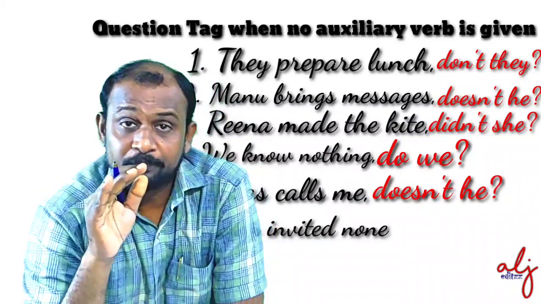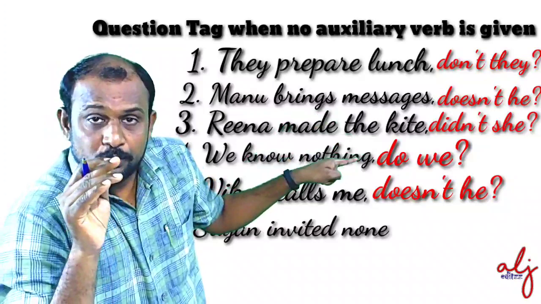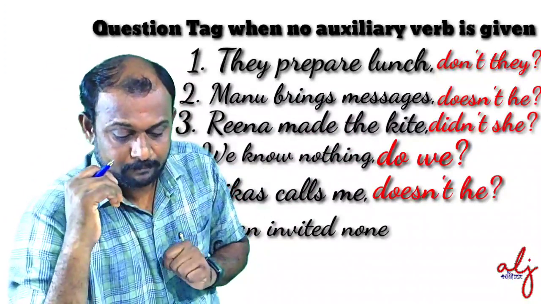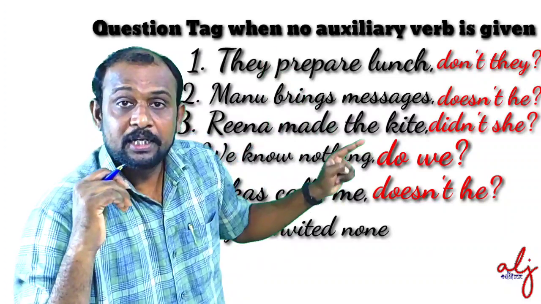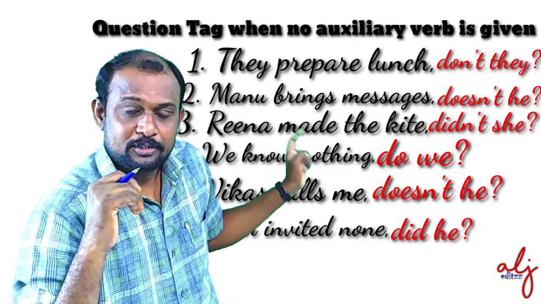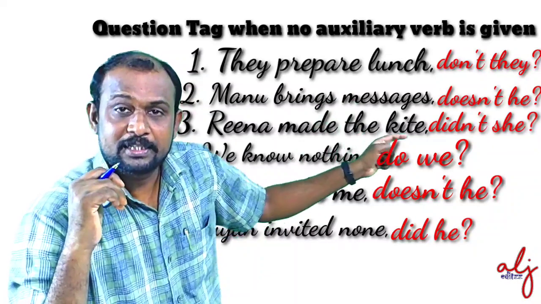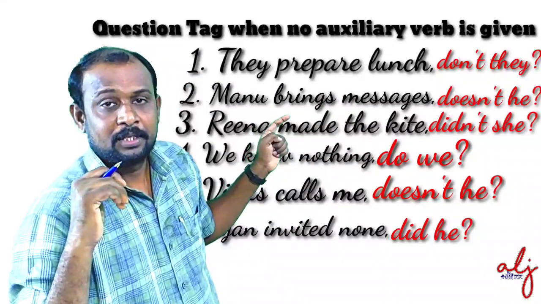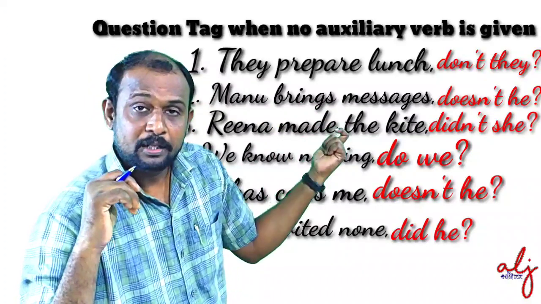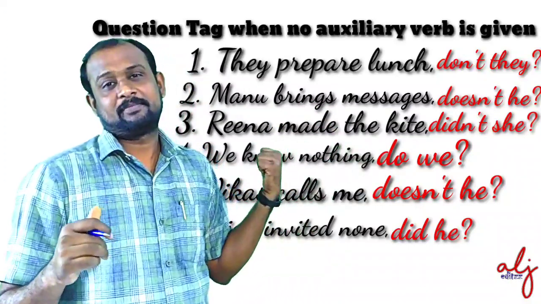You have to apply a positive tag. So first, the helping verb to be used in this case is did, because invited. So did he? Alright. See, Srujan invited none. This is a negative statement. And as invited is the main verb, you have to go for did. And the question tag is did he?